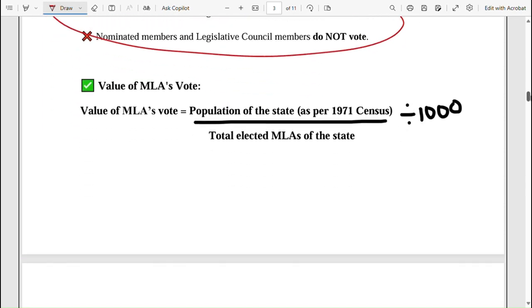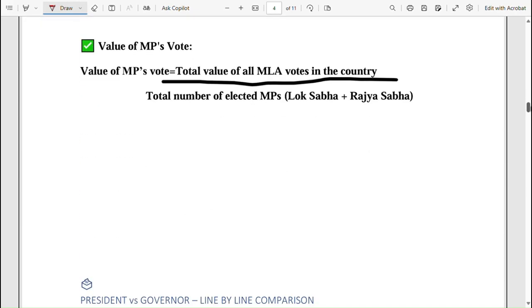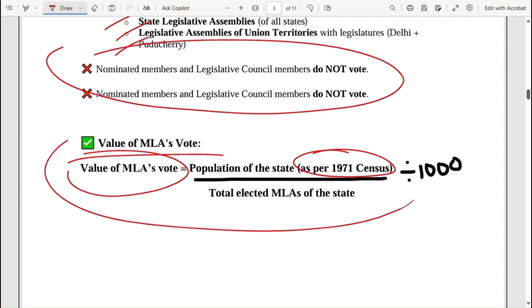So how is the vote counted here? The value of an MLA's vote as well as the value of an MP's vote is counted. MLA, as we know, is a Member of Legislative Assembly; as citizens we vote for the MLA of our region. So for the election of the president, how is the MLA's vote counted? The value of an MLA's vote is equal to the population of the state, as per the 1971 census, divided by the total elected MLAs of the state, again divided by 1000.